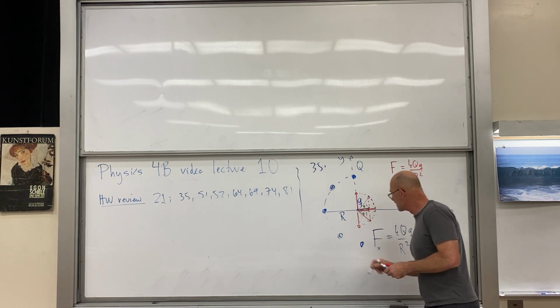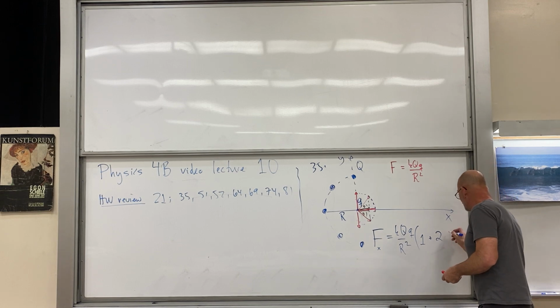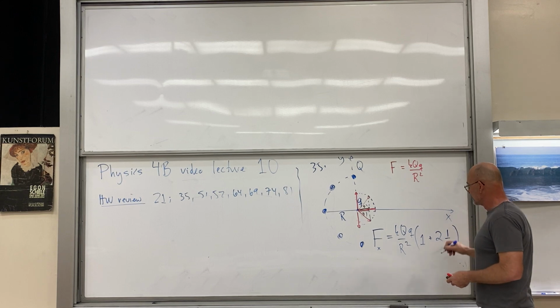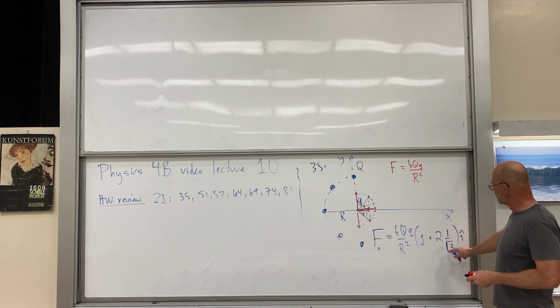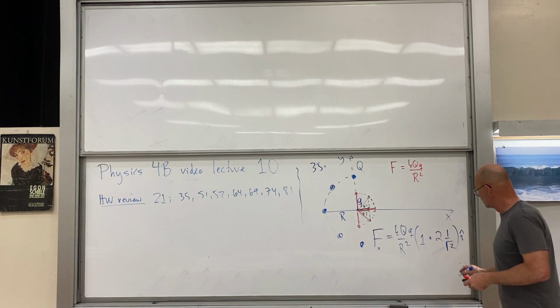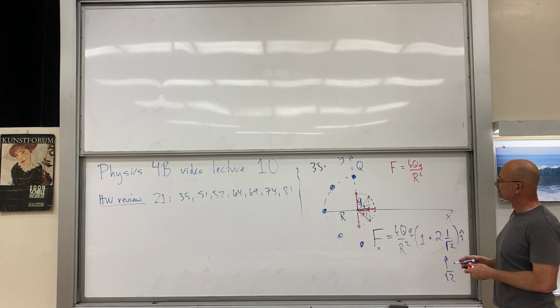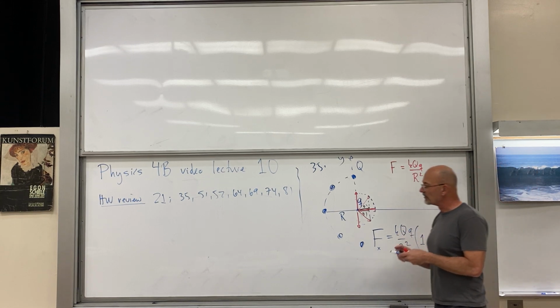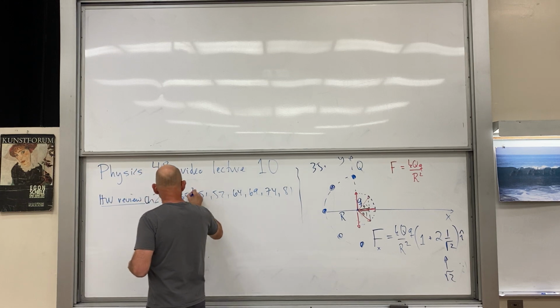So that's 2 times 1 over root 2. And then it's in the i hat direction, and you're done. So 2 over root 2 is the same as square root of 2. So 1 plus the square root of 2. Okay, that's a nice problem. This is chapter 21. So we have that one.